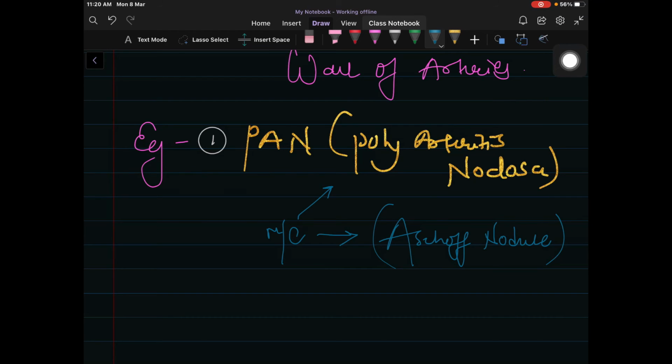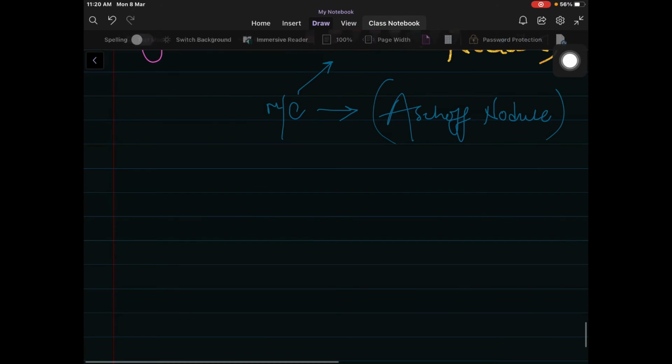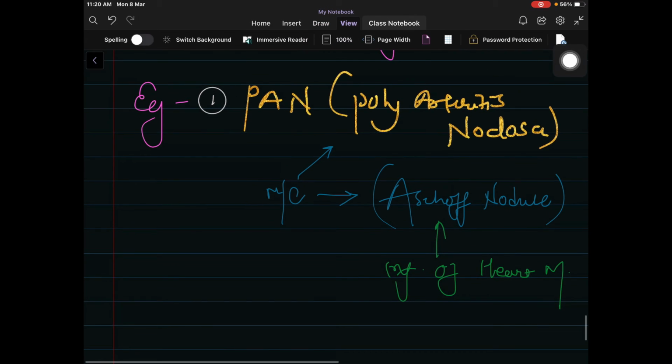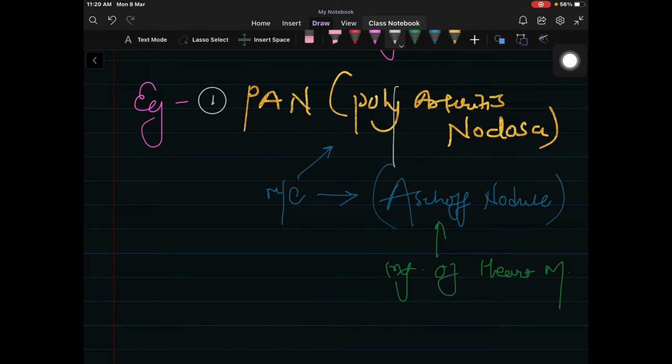In the case of PAN, there will be the formation of the Aschoff nodule. Aschoff nodule is nothing but the infection of the heart muscle, characteristic of the RHD, which is our second example.